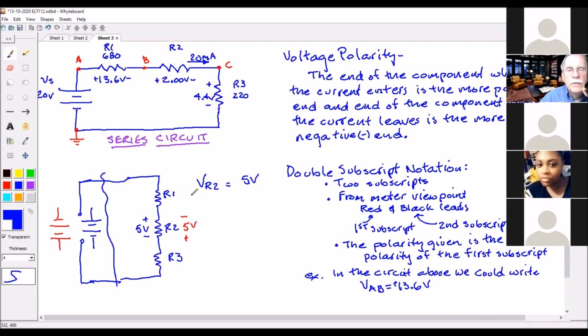Okay, what's A and B? We've got A, B, C, and ground.